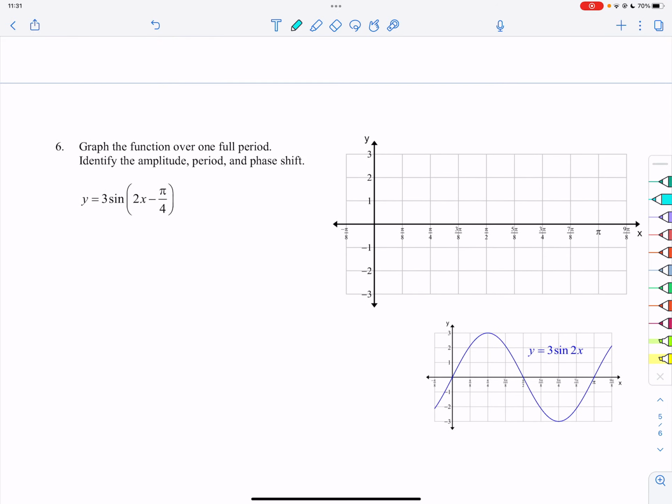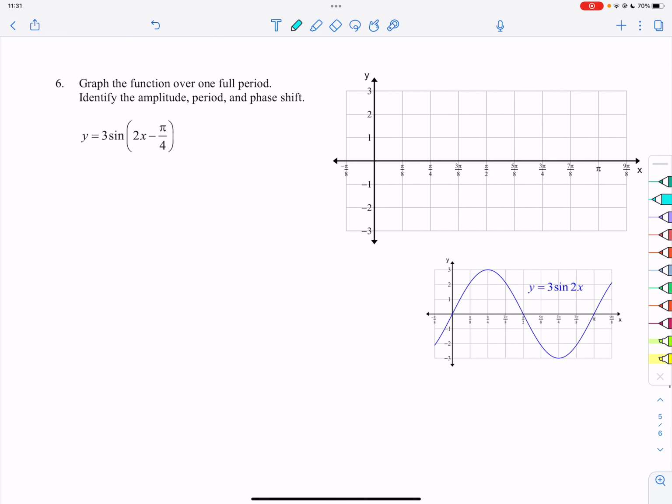We're going to graph the function over one full period. We'll identify the amplitude, the period, and the phase shift. Okay, so let's start with the amplitude, something we've done several times. That amplitude is the absolute value of 3, and that's equal to 3.